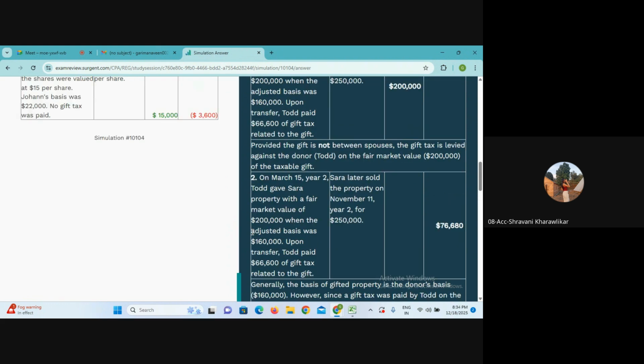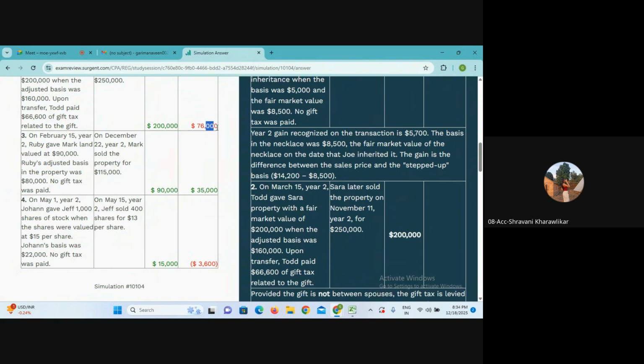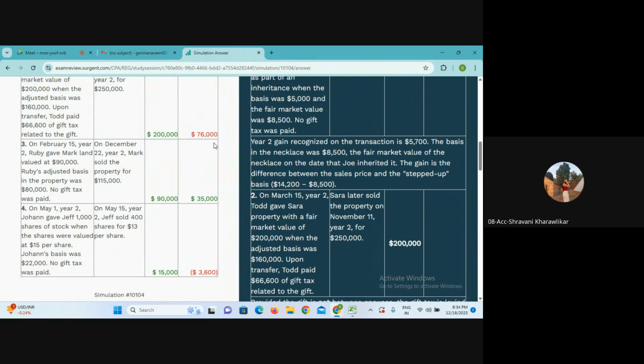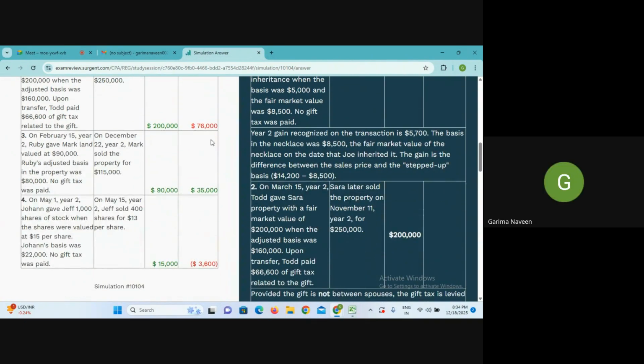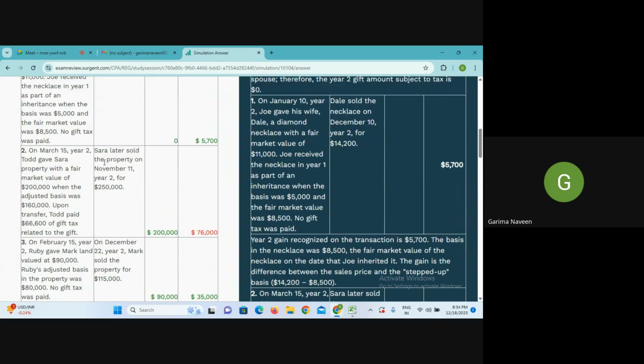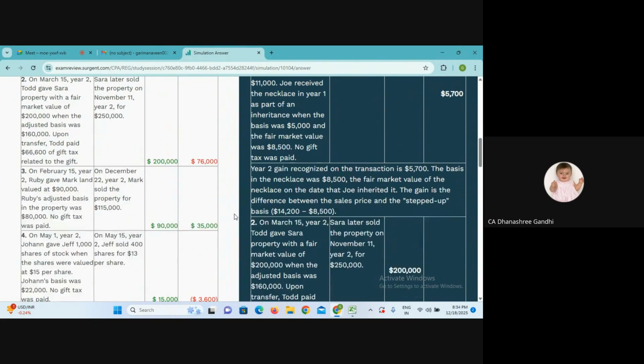So I think it was my mistake, I dictated the wrong figure. Okay. So is it clear? Second question, yes, ma'am. Can you explain the formula again?